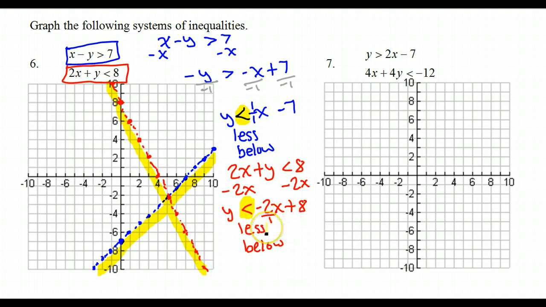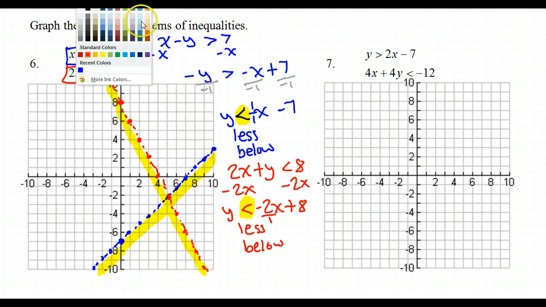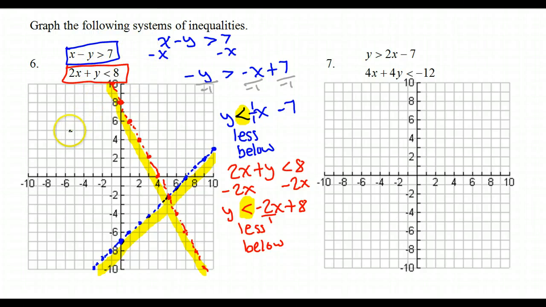Okay? Because the solution area is only going to be one of these four regions. Let me see if you can guess which one it is. Is it going to be zone 1, zone 2, zone 3, or zone 4? Which one of these four is going to be the shaded area that's actually the solution? Hopefully you said zone 4 down here at the bottom.